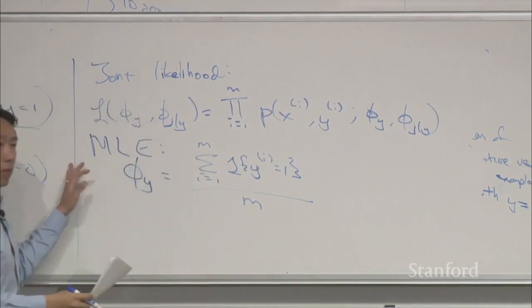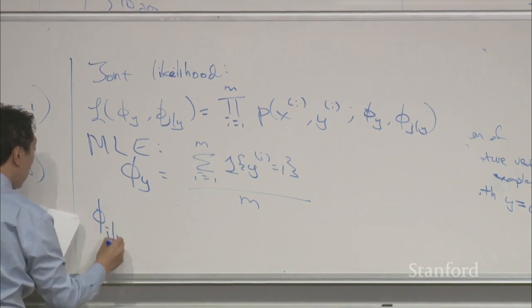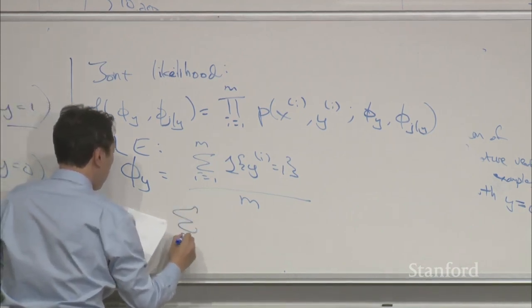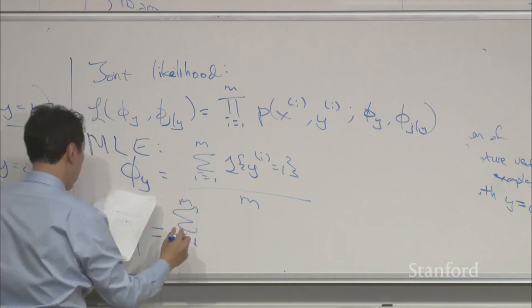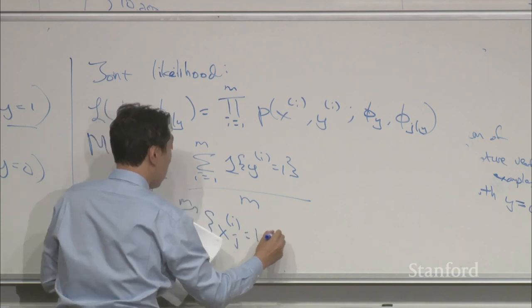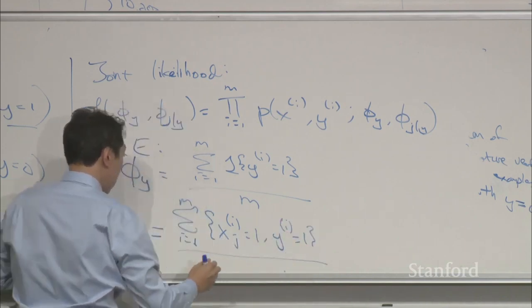Right, it's just the fraction of spam emails. And phi of j given y equals 1 is, well, I'll write this out in indicator function notation.